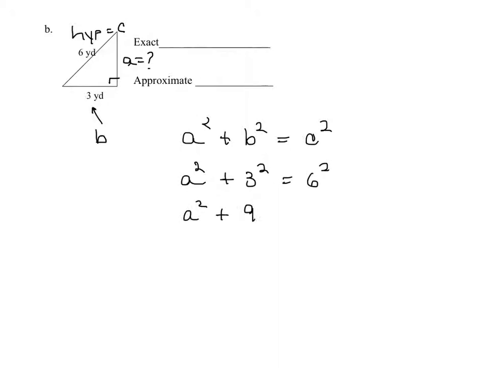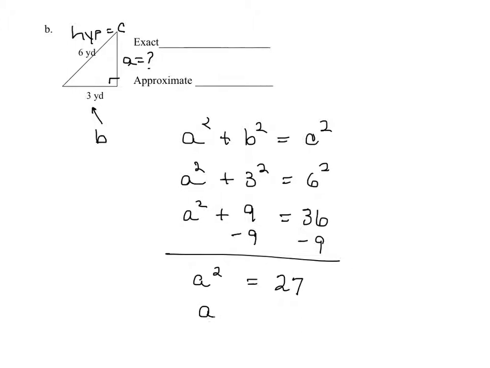3 squared is 9. 6 squared is 36. I'm going to take away 9 from both sides. A squared is equal to 27. If I take the square root of both sides, I get A is equal to the square root of 27. Now this is exact because I'm not punching any square roots in my calculator to get an approximation.